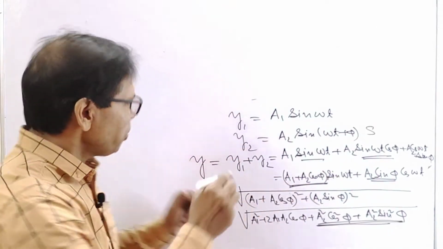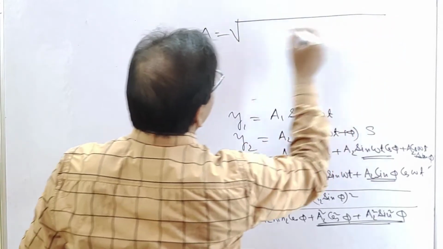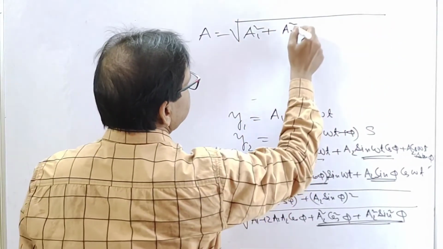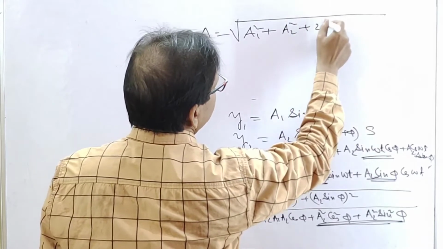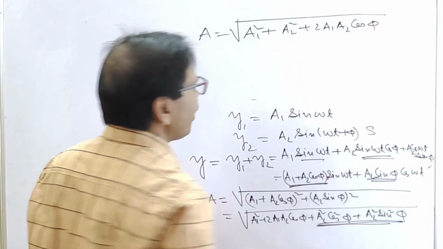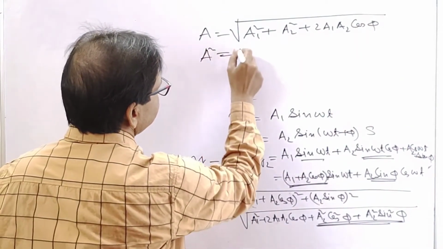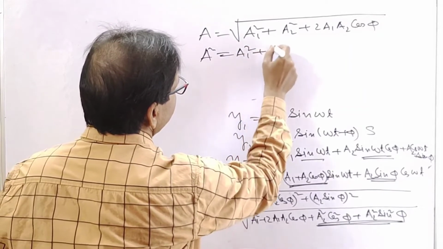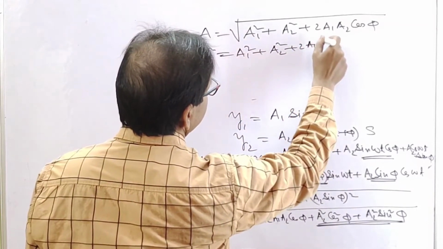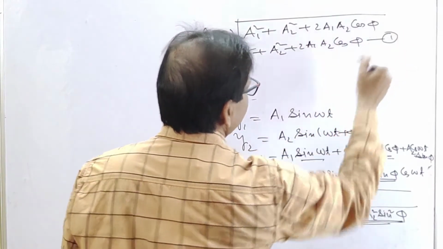So A becomes root of A1 square plus A2 square plus 2A1 A2 cos phi. Therefore A square equals A1 square plus A2 square plus 2A1 A2 cos phi. This is equation number 1.